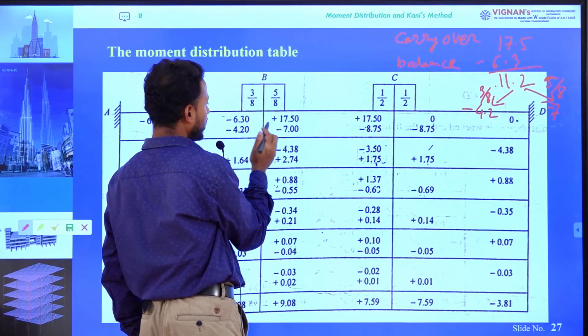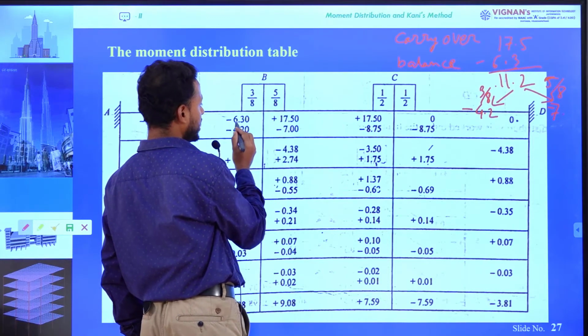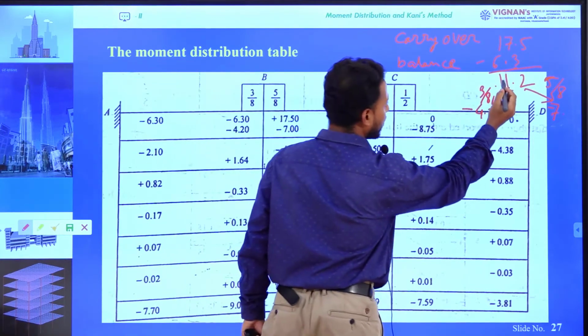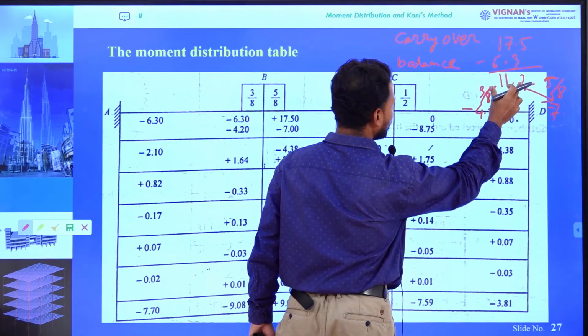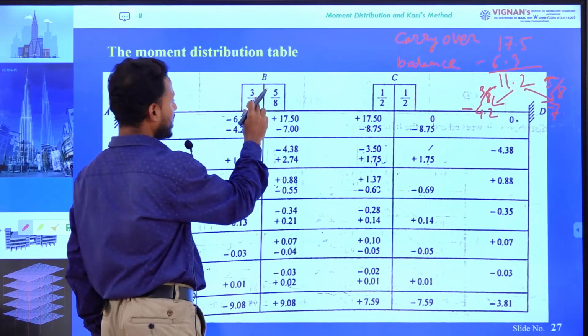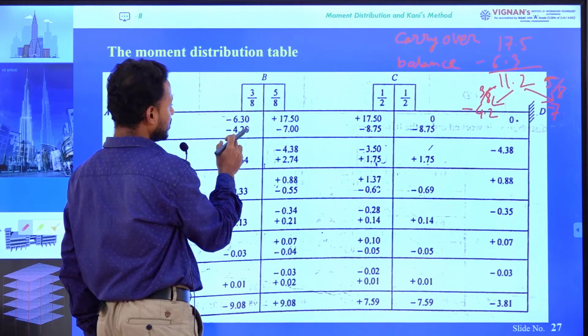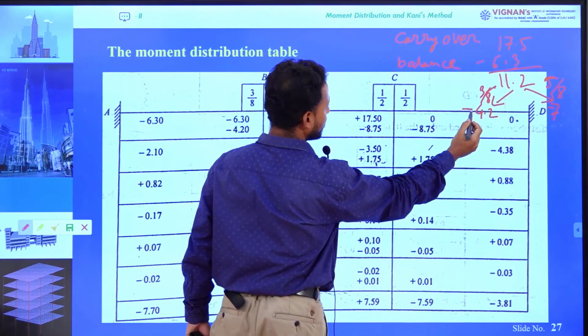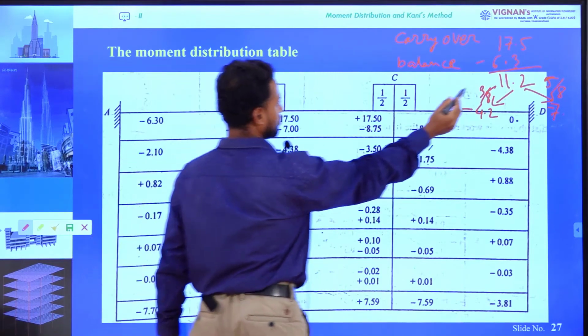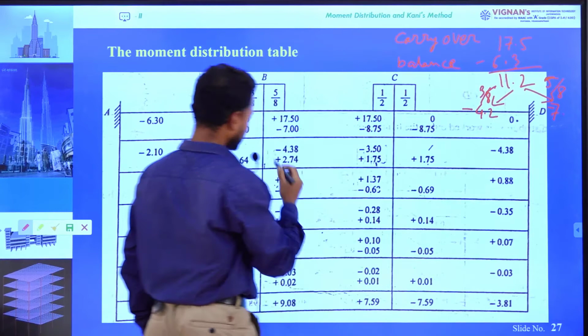So the balance moment is 17.5 minus 6.3, I am getting 11.2. This 11.2 will be multiplied with 3 by 8 and I will write 4.2 with opposite sign. As this is plus, I will keep it minus. As this is plus, I will keep it minus 7.